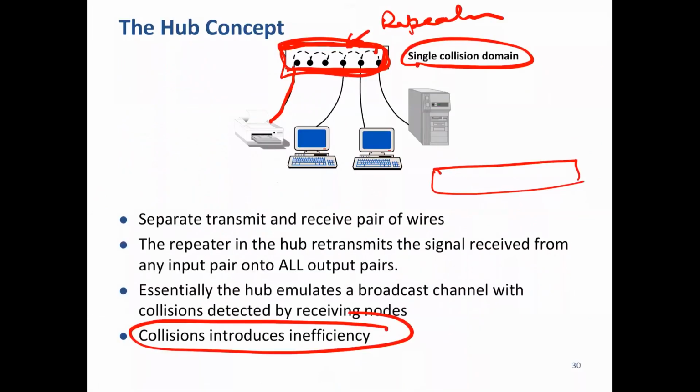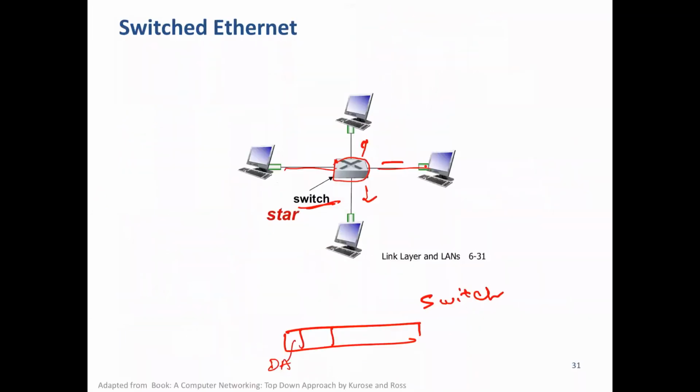So now, with a switch here, the switch will know where these machines are connected and will send the packet to the appropriate link. Suppose the guy who is here goes away and his friend plugs in his own laptop, then the Ethernet address changes.